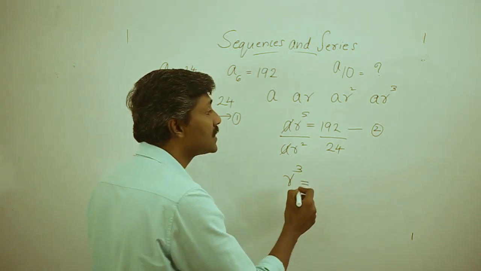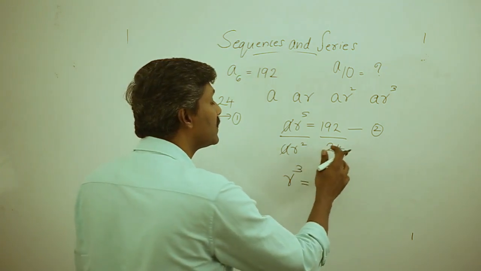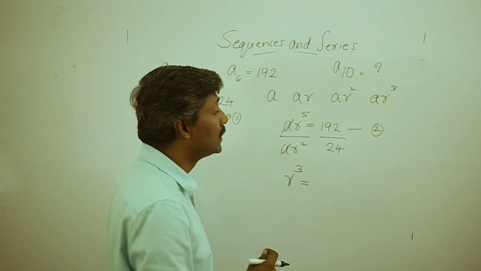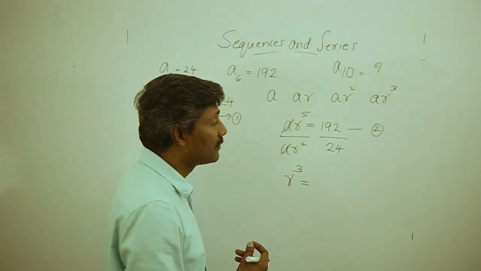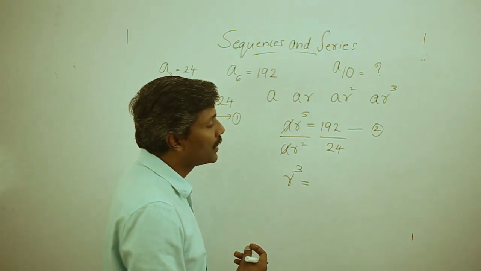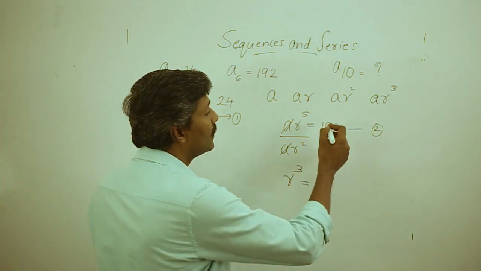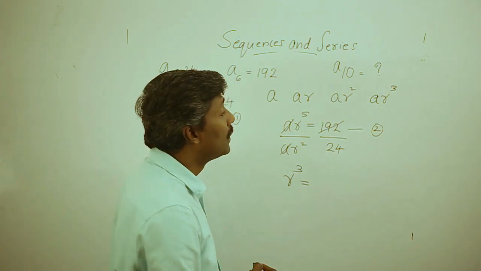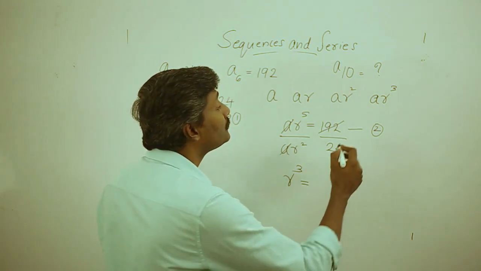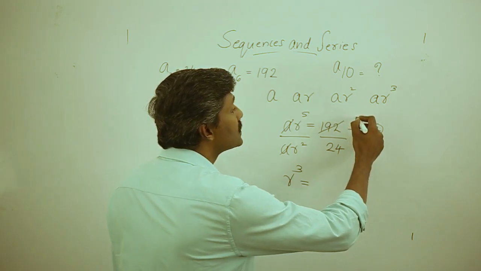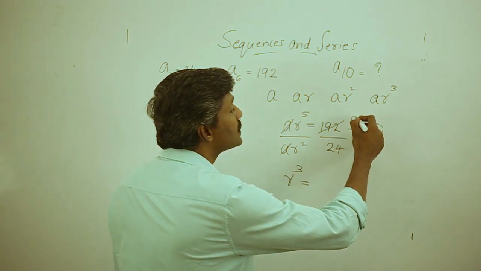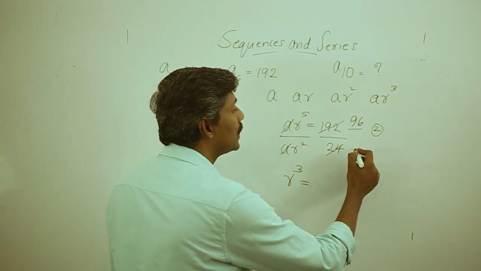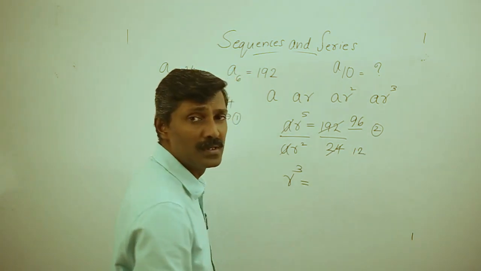That is equal to 192 by 24. You divide this, how much do you get? 192 divided by 2 is 96, and 24 divided by 2 is 12.